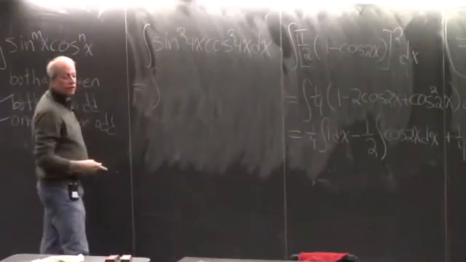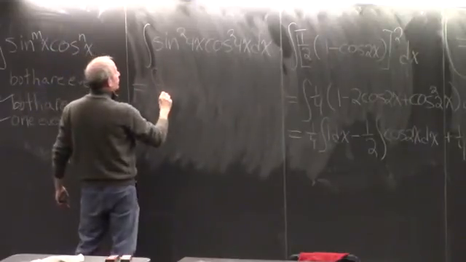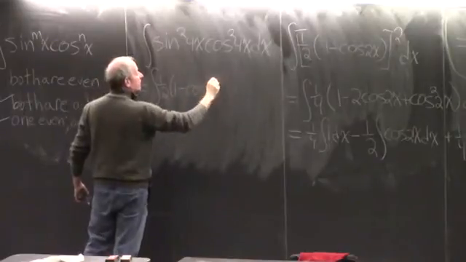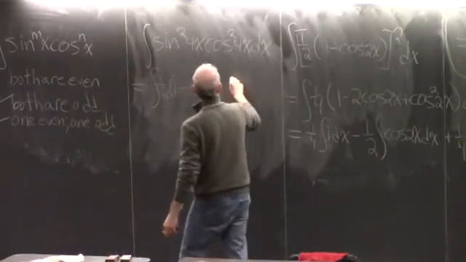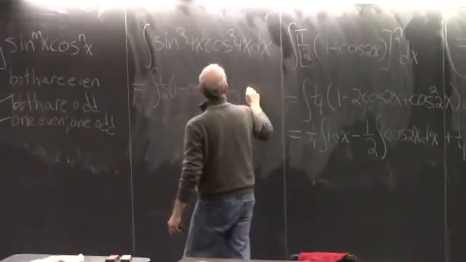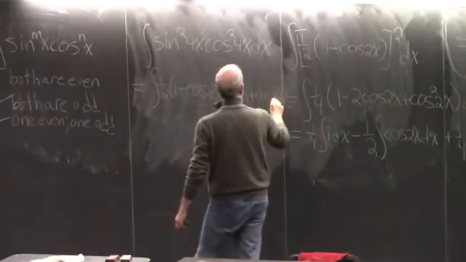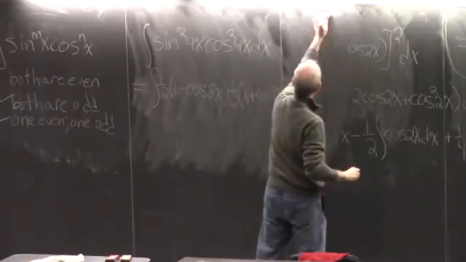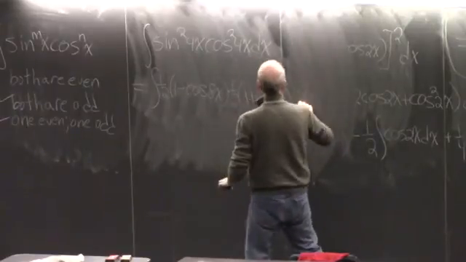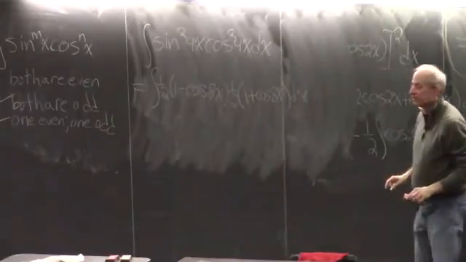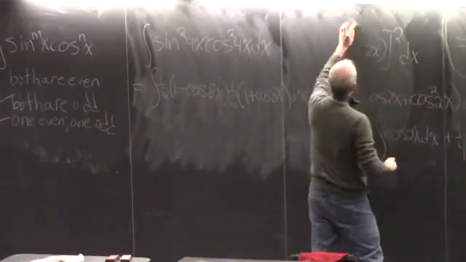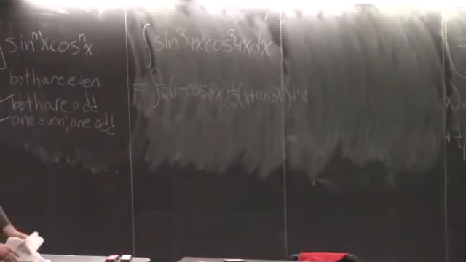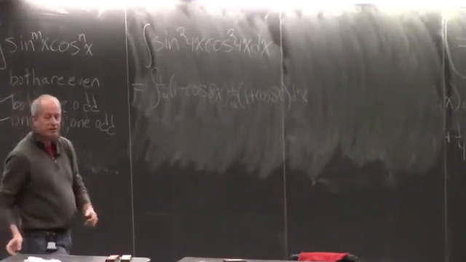So sine squared of 4x is going to become 1/2 1 minus cosine 8x, and cosine squared of 4x is going to become 1/2 1 plus cosine 8x, dx. So that's the first step, and then I'm going to let you work on it for a couple minutes. Got it? Let's multiply this out.